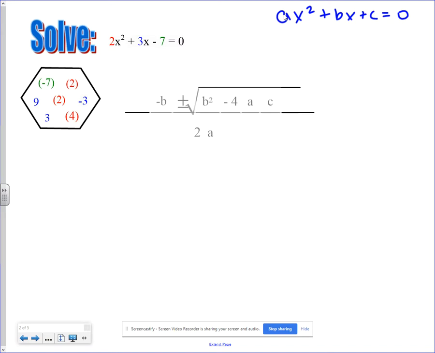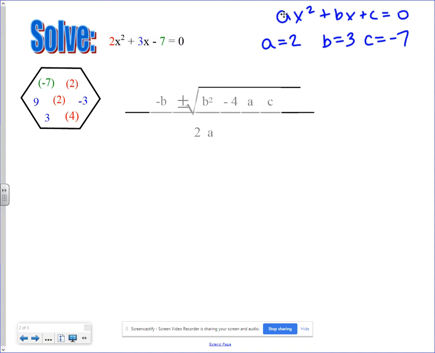So your first step is to identify your values of a, b, c. So in this equation, a is 2, b is 3, c is negative 7. Then we're going to take these values and plug them into the quadratic formula that I have up here on the board.